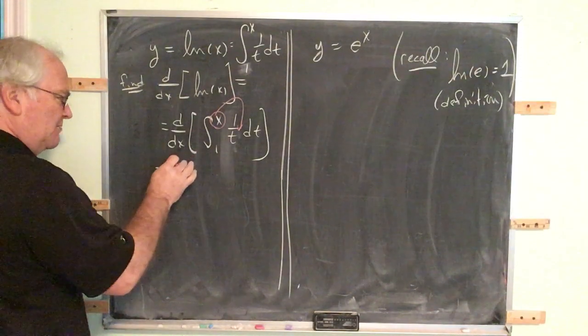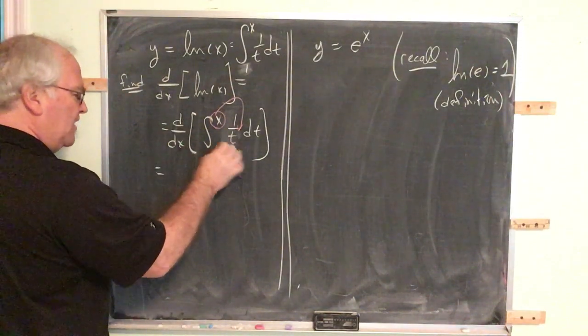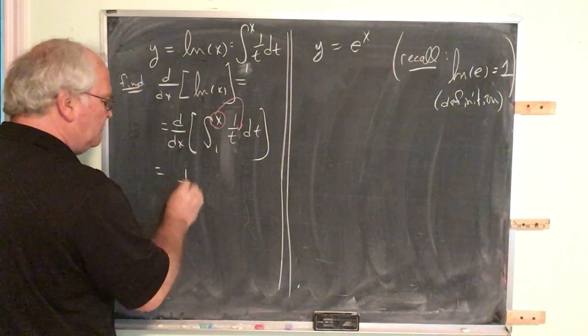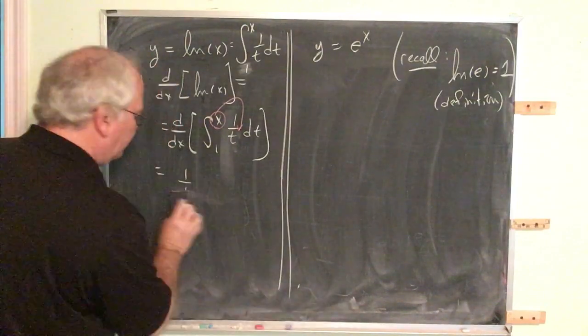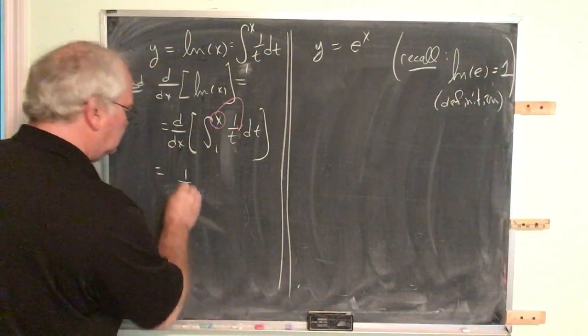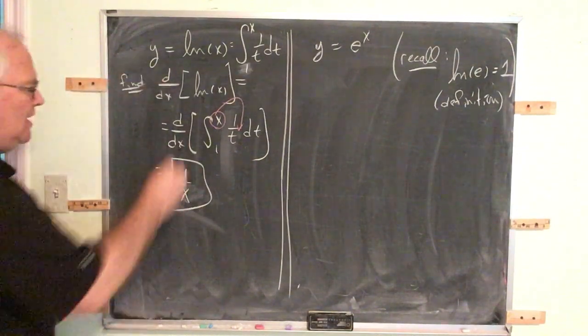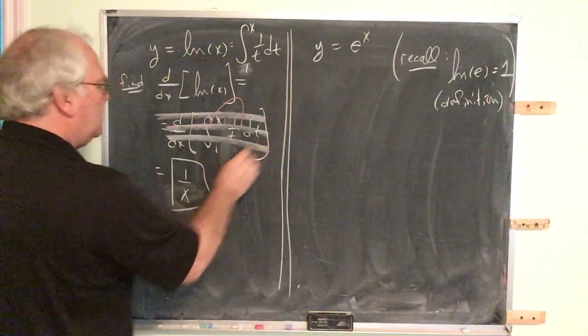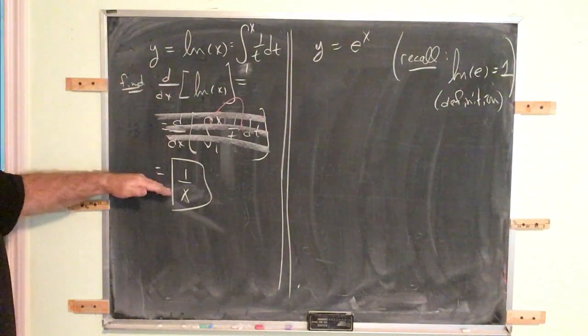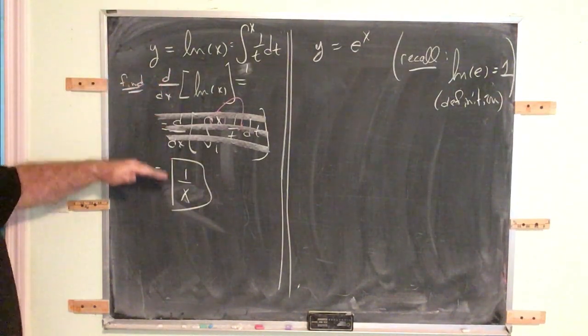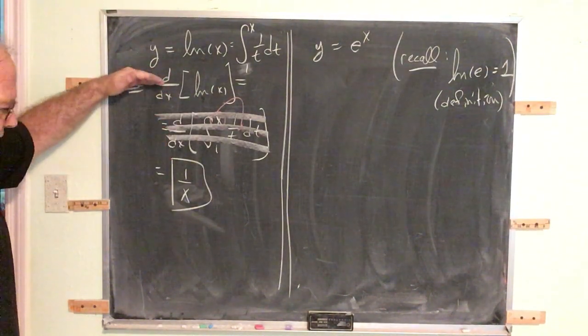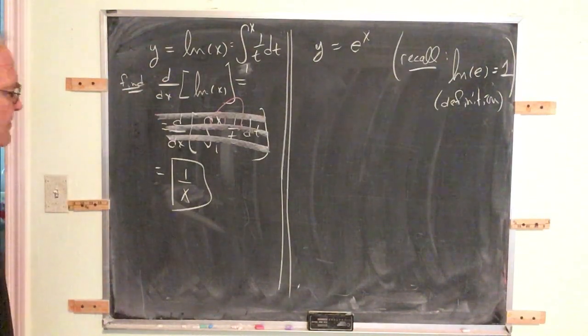The second part of the fundamental theorem says the derivative of this kind of function, in this case, is simply 1 over x. The derivative of natural log, and now eliminate the middleman. The derivative of natural log is 1 over x.